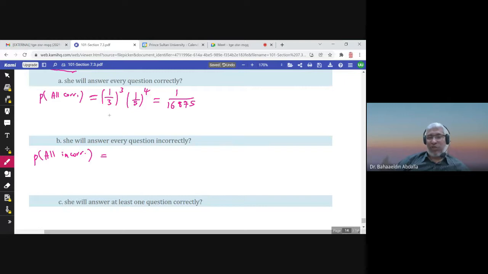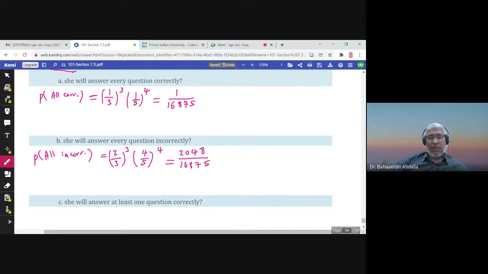She has 3 choices because she can eliminate 2, so the probability that she answers the first question incorrectly is 2 over 3. And this would happen for the first 3 questions. The probability that she answers the 4th question incorrectly is 4 over 5. The probability of answering correctly is 1 over 5, so not correct is 4 over 5. You can multiply these numbers to find this probability.